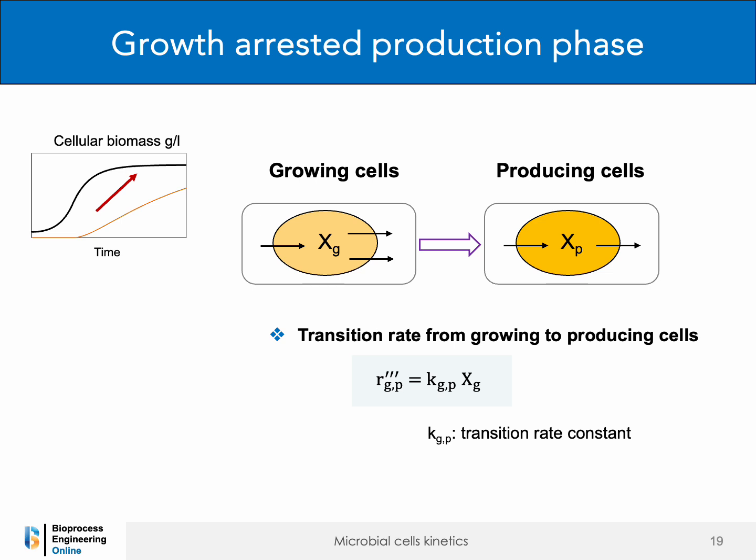This physiological shift is typically triggered by the addition of an inducer, a temperature change, or nutrient limitations. The rate of this transition, denoted as Rgp, is measured in grams of cells per liter per hour. It is assumed to be proportional to the concentration Xg of growing cells. The constant Kgp represents the first-order transition rate constant.